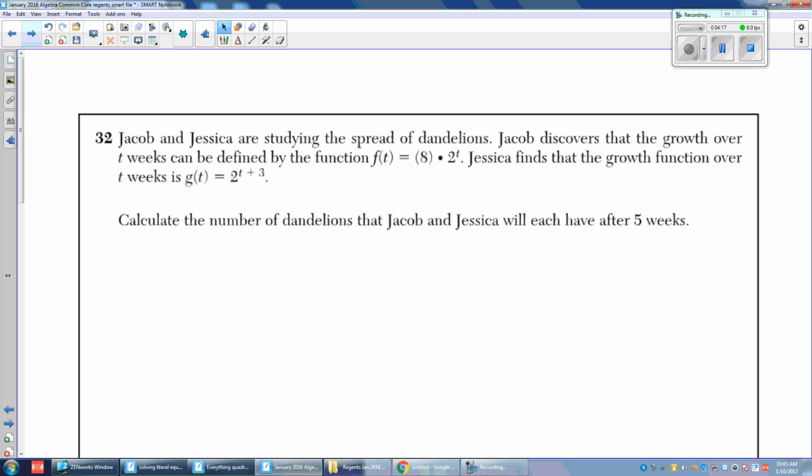Let me see. This one has an 8, and that one just has a 2, and then there's a plus 3 up there. Calculate the number of dandelions that Jacob and Jessica will each have after 5 weeks. That's very straightforward.